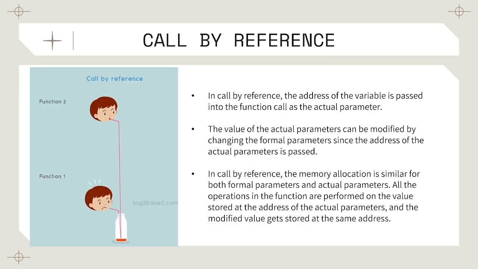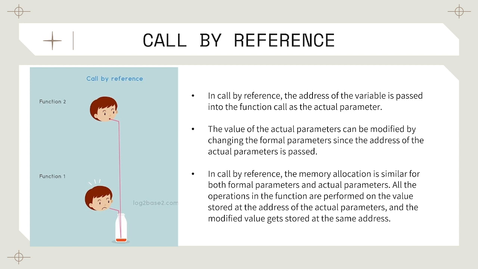Now coming to the call by reference. Call by reference is a method where you are passing the address to a function. Both the actual parameters and the formal parameters are sharing the same address. Coming to the real life example, now both of the students are sharing the same bottle of juice.